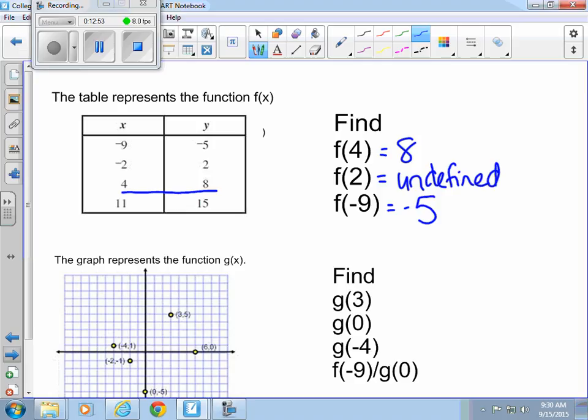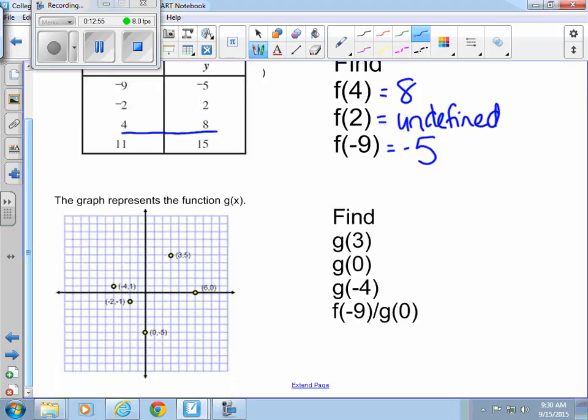The graph represents g of x, and you may need me to help you see where those points are. But it says to find g of 3. What is it asking? It asks to find g of 3. The y value when what? When x is 3. The y value when x is 3. So I'm going to look.